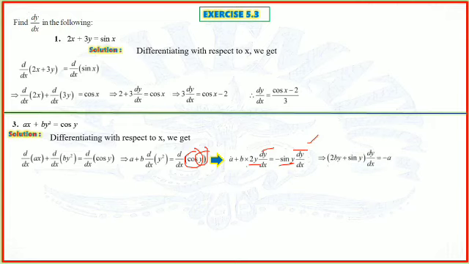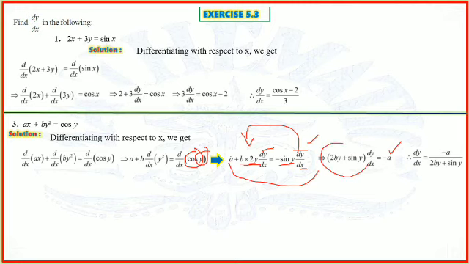So this one, 2by, and then we have taken this to the left hand side, plus sin y dy upon dx is equal to, this a is alone, so we have taken it to the right hand side. Therefore dy upon dx, this whole thing will go to the right hand side: minus a upon 2by plus sin y.